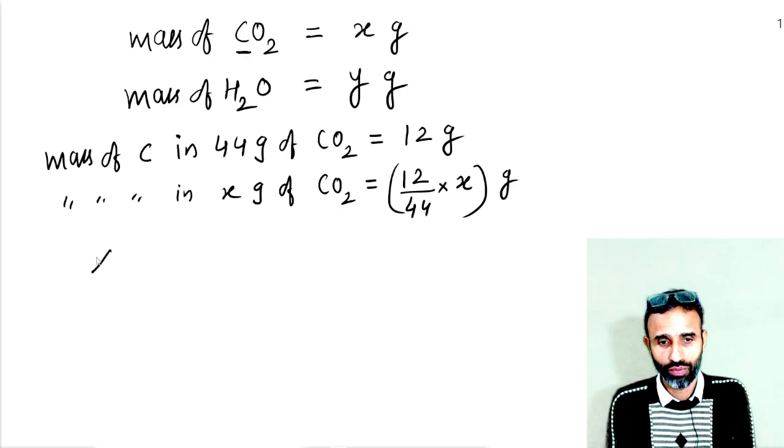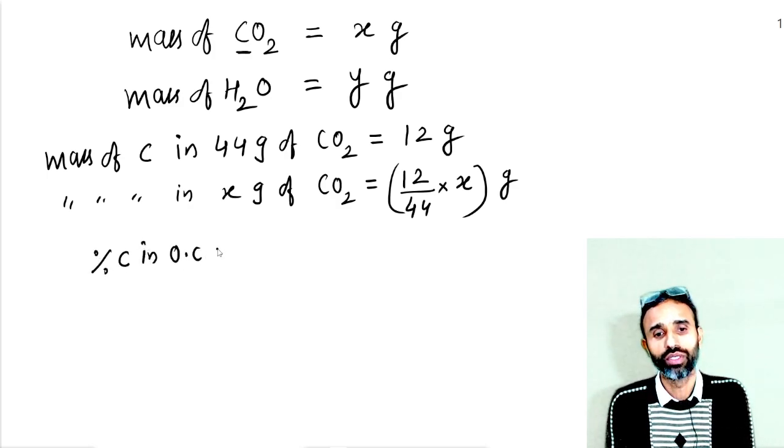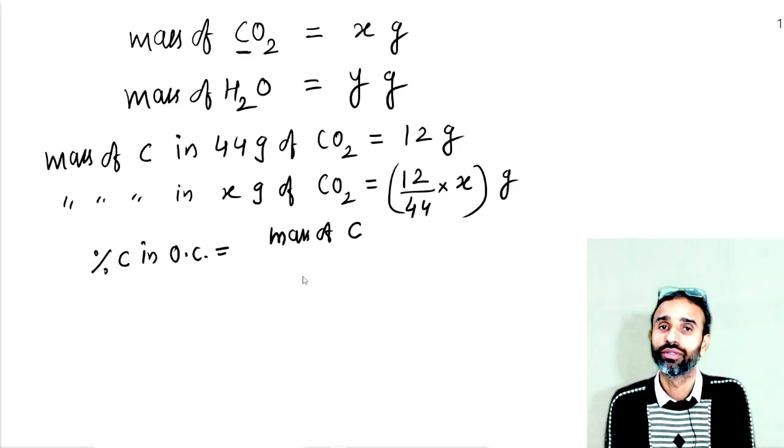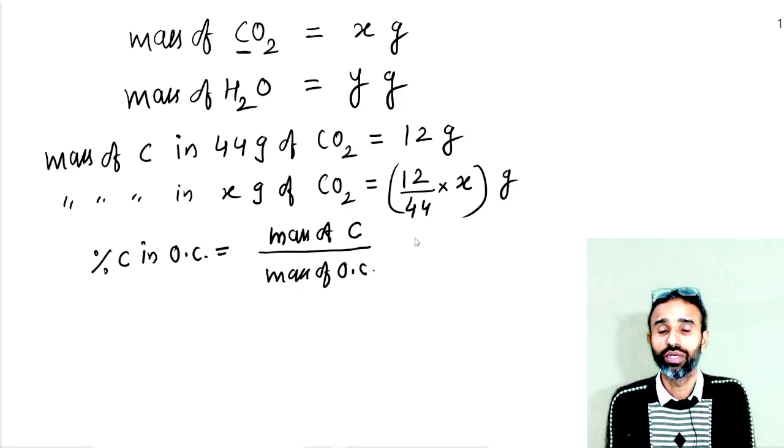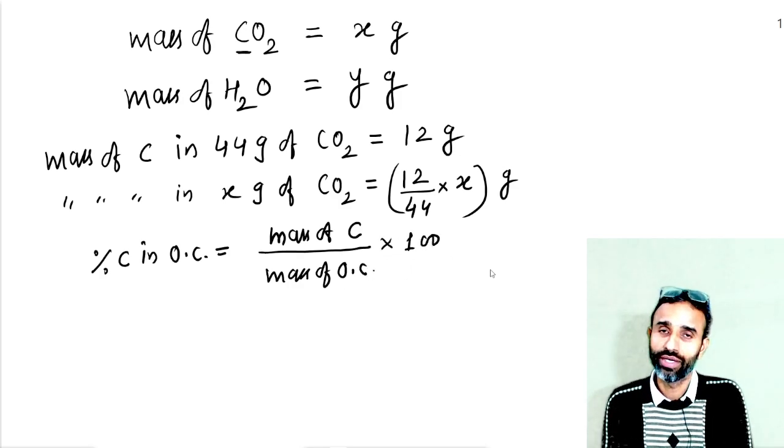So in this way, the percentage of carbon in the organic compound is equal to mass of carbon divided by mass of organic compound into 100.